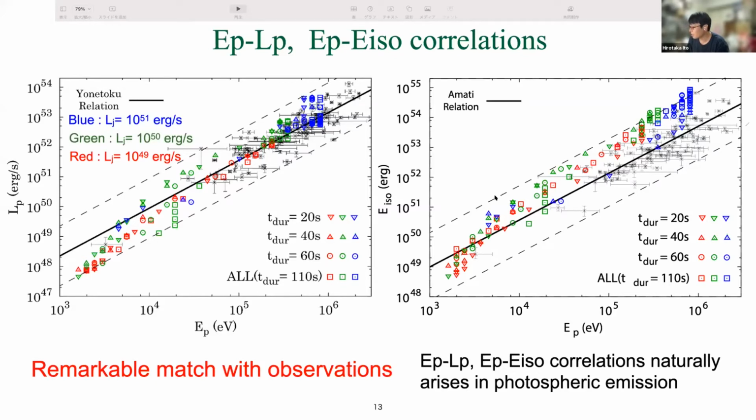Indeed, the duration of the emission found in the simulation, close to 100 seconds in the rest frame, is relatively long compared to typical long GRBs. So a shorter injection duration is likely to reduce this tension. But the main message here is that, although further confirmation is necessary, this indicates that photospheric emission can naturally give rise to the Yonetoku and Amati relations.